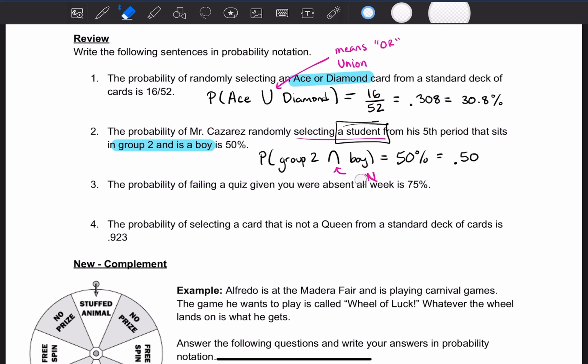That's not how we write it. We just write it like almost an upside down U, just like that. This symbol means and, so we know that much. But it actually has a name, and the name of this symbol is an intersection.